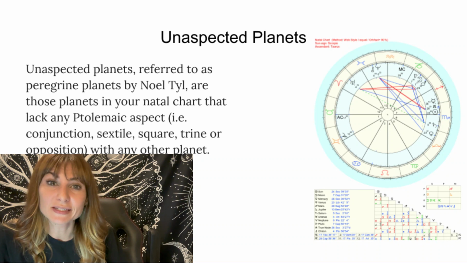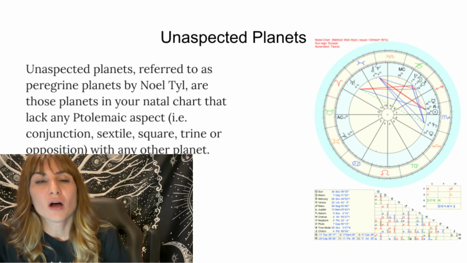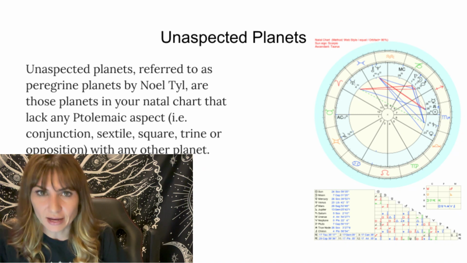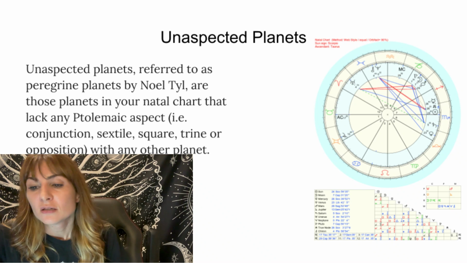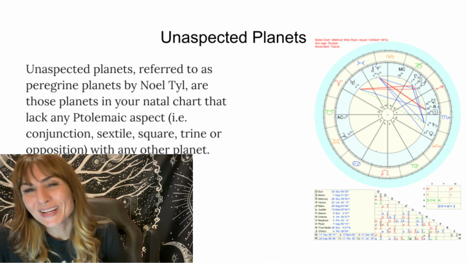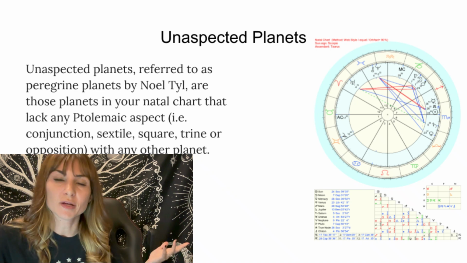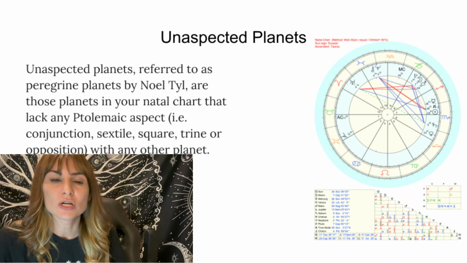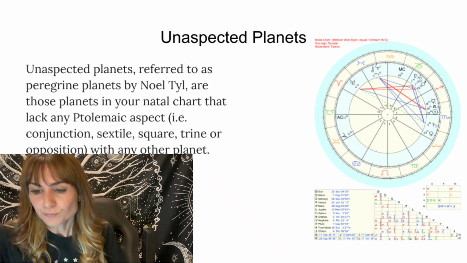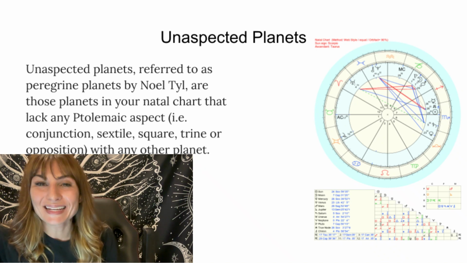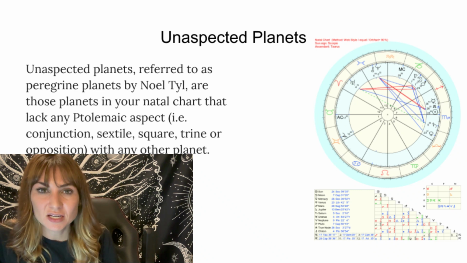Okay, now this one's a big deal. Unaspected planets. Most people do refer to them as unaspected. Some people call them isolated. Peregrine is a term that Noel Tyl, a very well-known predictive astrologer, used, but unaspected is the typical term. It is planets that lack any major aspect.